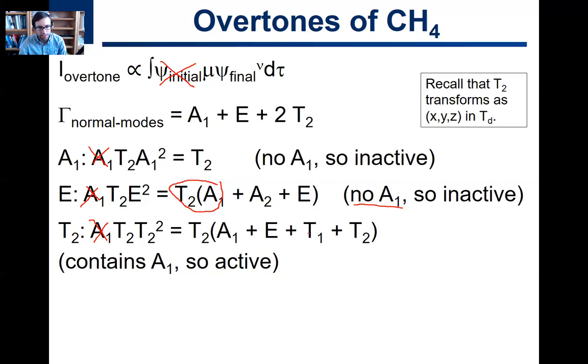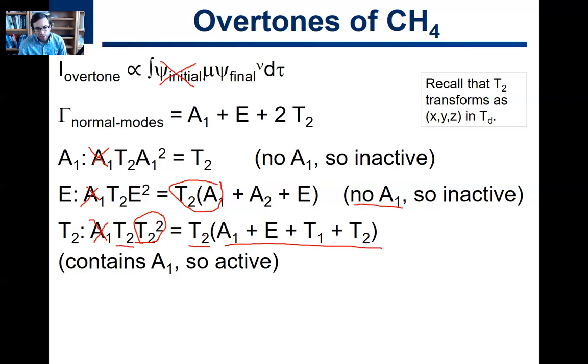That ends up being A1 plus E plus T1 plus T2. If you're not clear on how to do that math, go back to the product table section at the end of chapter 2. Okay, so that was T2 squared. That stuff in parentheses is right here. And all that's going to be multiplied by this T2 right there.